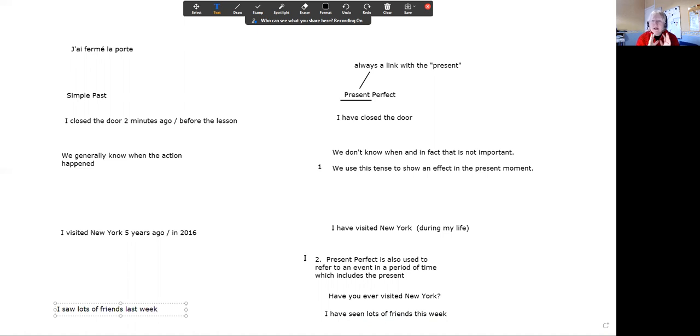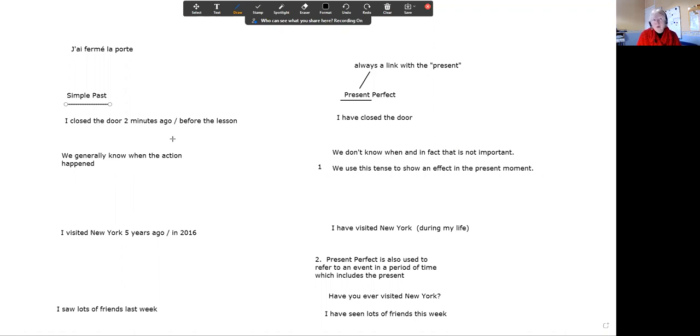So if I can just summarize, present perfect, always a link with the present, and we do not say when the event happened. Simple past is for a past event with no effect in the present, and we generally say when it happened.